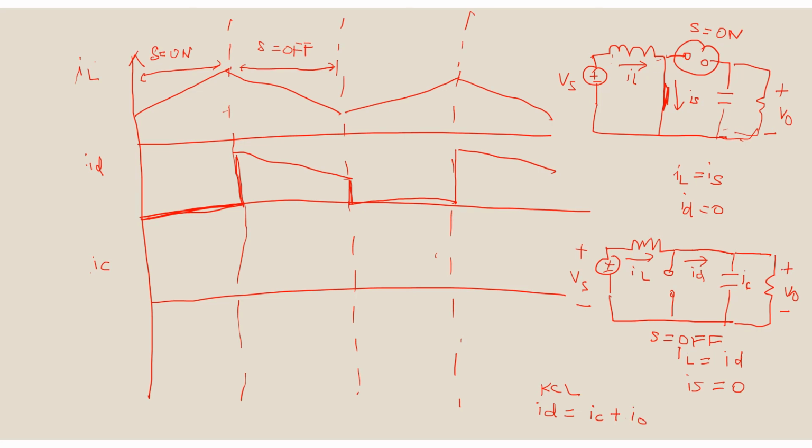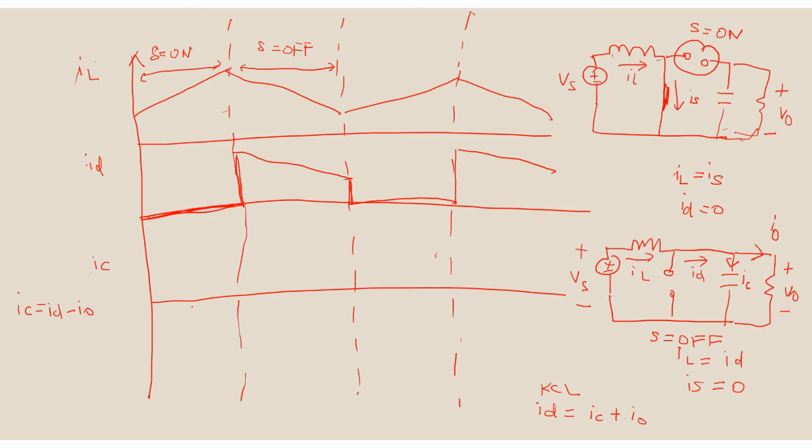That's your ID, that's your IC, that's your I0. So if I say IC now, I reshuffle the equation and it becomes ID minus I0.